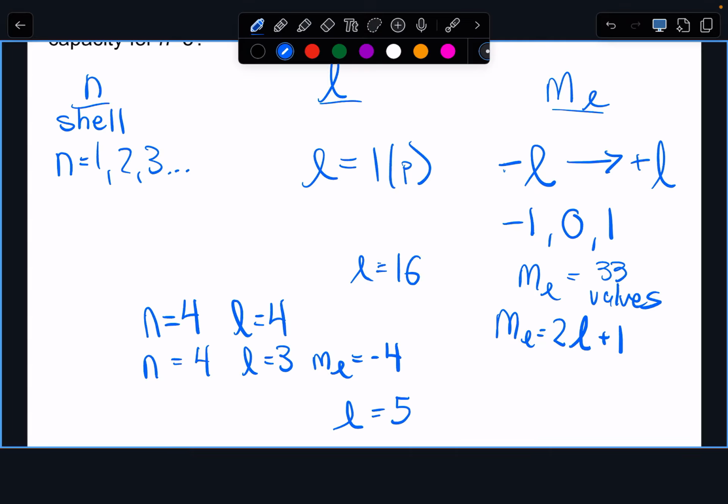Okay, so if l equals 5 and you want to know how many electrons could be there, you're going to have to think about how many orbitals are there, and then each orbital can hold 2. So an l of 5 should have 11 m sub l values, right? -5 through -1, 0, and then 1 through 5. And each of those can hold 2, so that would be 22 electrons.